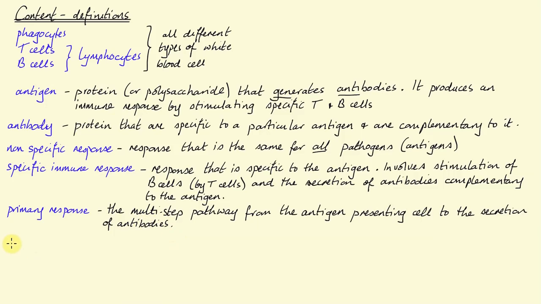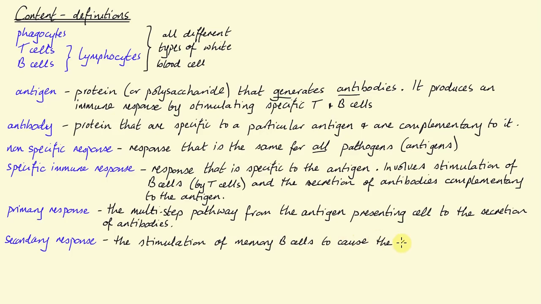And the secondary response is the stimulation of the memory B cells, and they cause the massive secretion of antibodies incredibly quickly after infection, and much more quickly than the primary response.